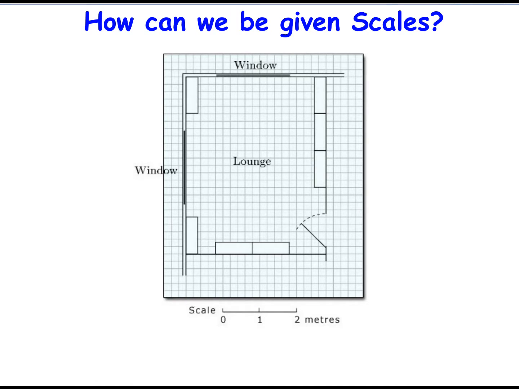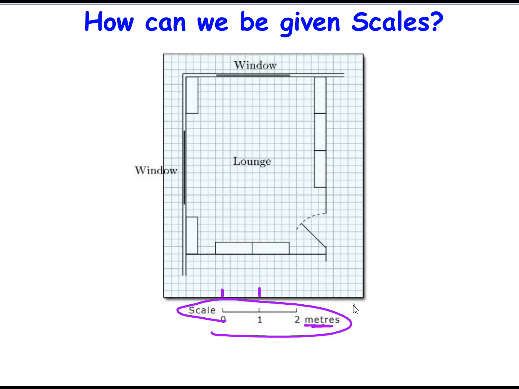Finally, another way of doing scales is to take the map or the drawing in squares and talk about squares, so that if you have to draw something, you can draw the exact number of squares. So here we've got a scale that's telling us the distance from here to here is 1 meter in the real world.